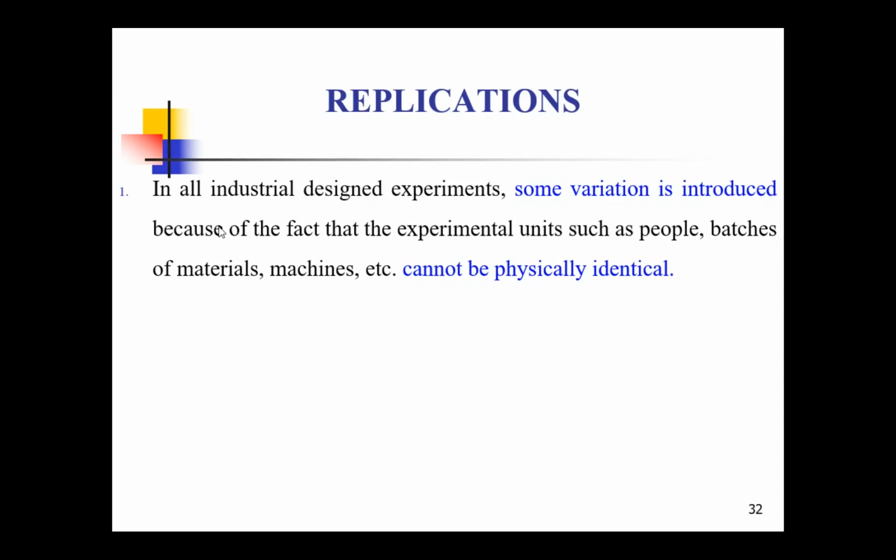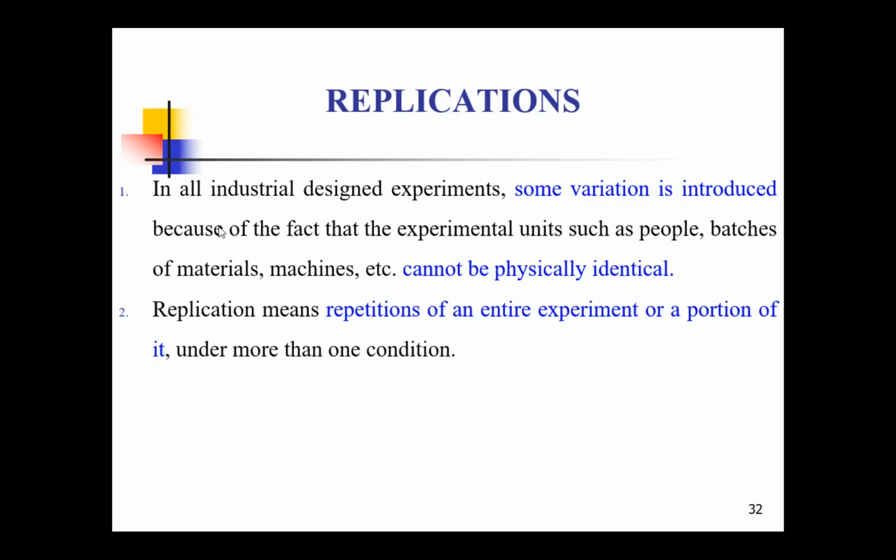So that's why we need replications in order to reduce the experimental error. The entire experiment can be replicated, or a part alone can be replicated, in order to study whether there is an experimental error or not. If the experimental error exists, then we have to go with higher replications.